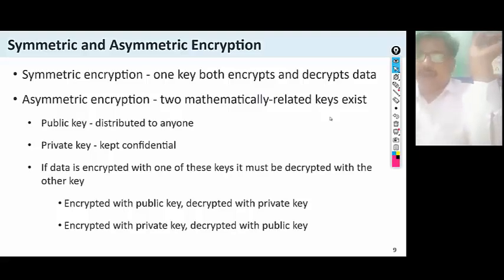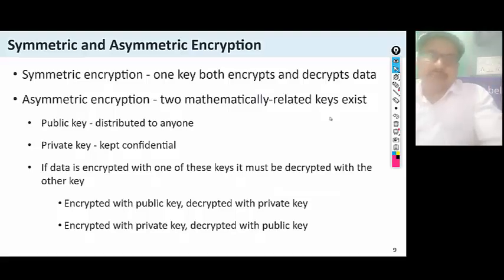Public means publicly. So the public key will be sent to anyone or be available to anyone. You can use the public key, I can use the private key, and anybody who is going to access Google has the public key for the encryption and decryption. What is that process? We will discuss later on.